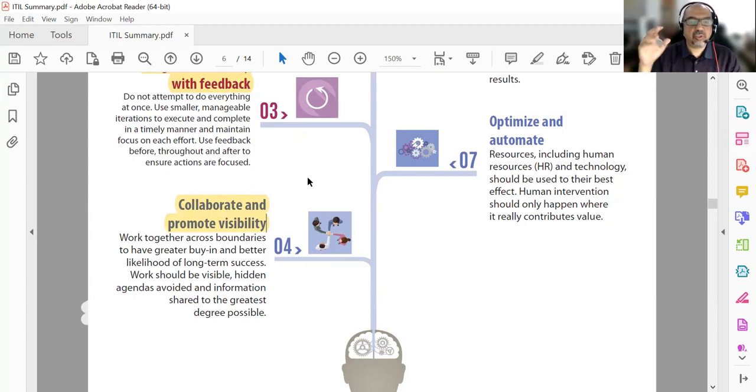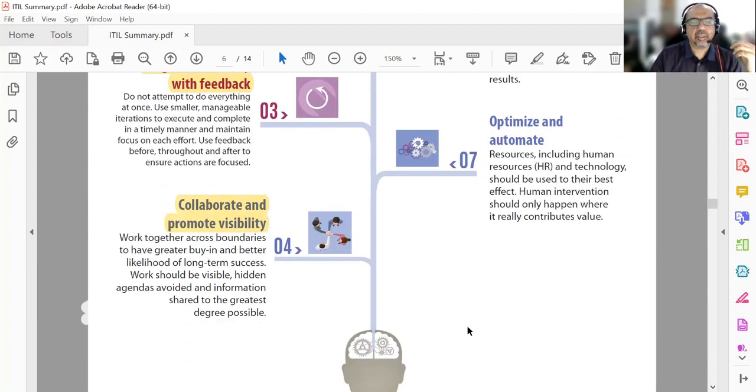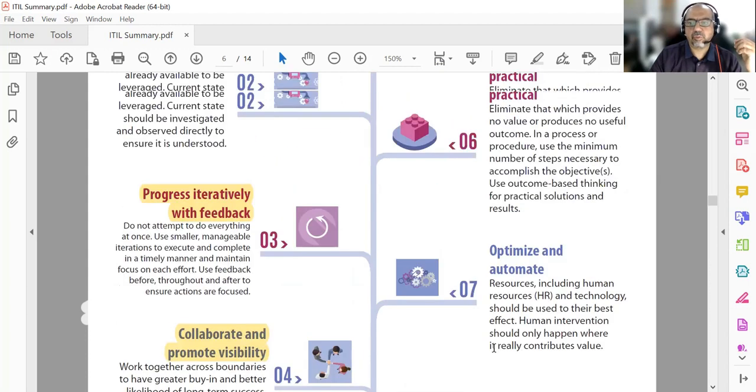We all work together to achieve the business goals, visions, missions, and so on. So we work together across different boundaries. And this will help us to achieve our goals, all of us. So this concept, collaborate and promote visibility, is the fourth one.